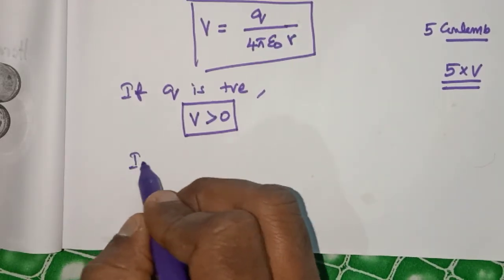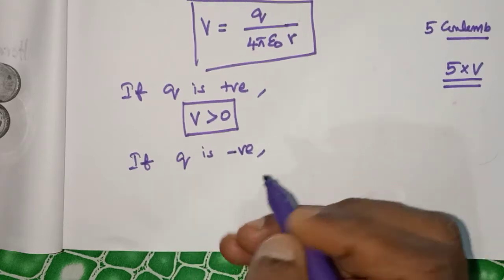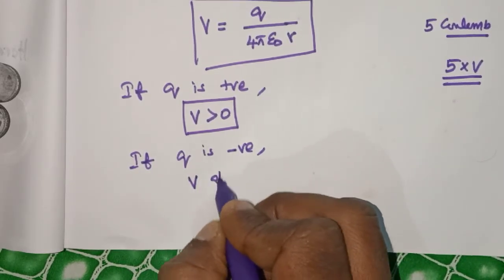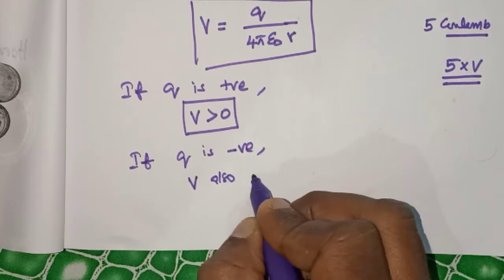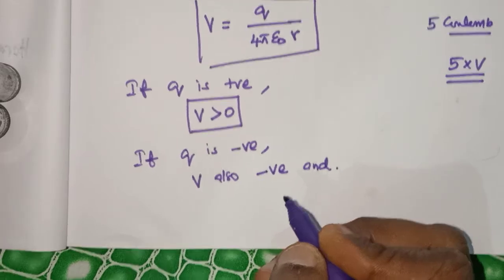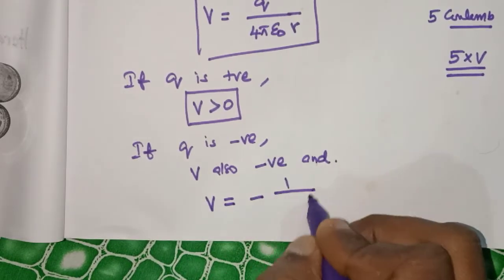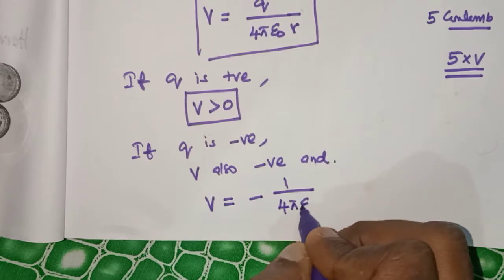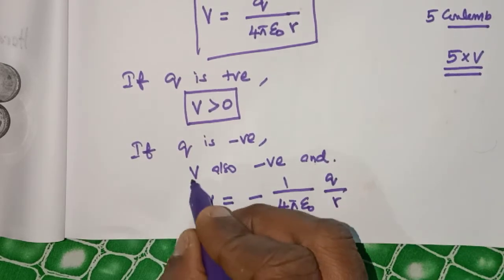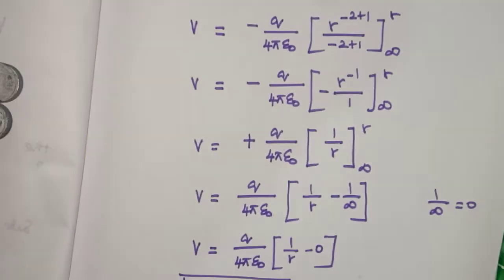If Q is negative, then V is also negative, and it is V equal to minus 1 by 4 pi epsilon naught Q by R. Okay, got it?